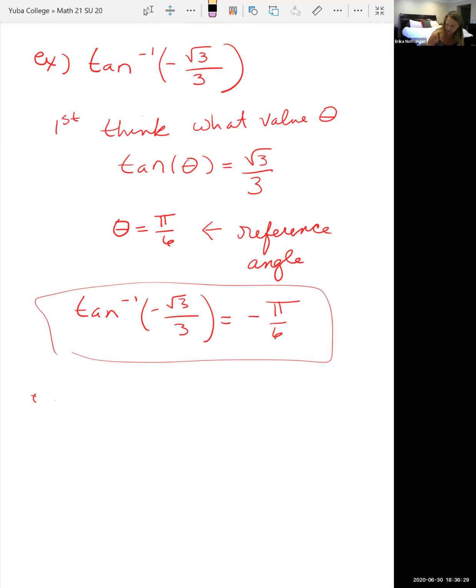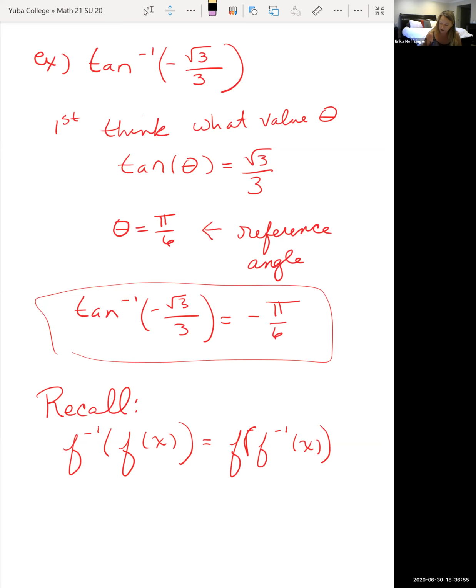But when you take the composition of a function and its inverse, you always get back x. But we have to be careful here, and that was one of the problems we did. I had said we have to be careful because of the new domain or range that we're following.